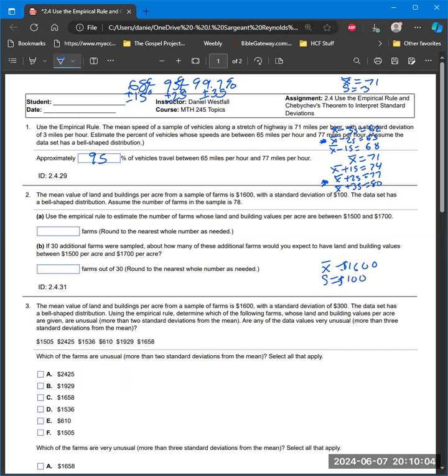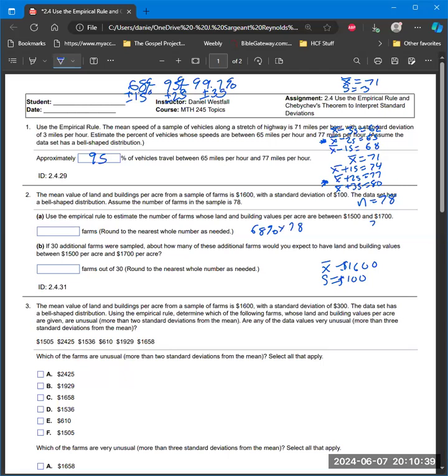The data set is a bell-shaped distribution, meaning we can use the empirical rule. Assume the number of farms in the sample is 78. Use the empirical rule to estimate the number of farms whose land and building values per acre are between 1,500 and 1,700. That is 1 standard deviation to the left and the right, so that's going to be 68%. And then 68% of 78.